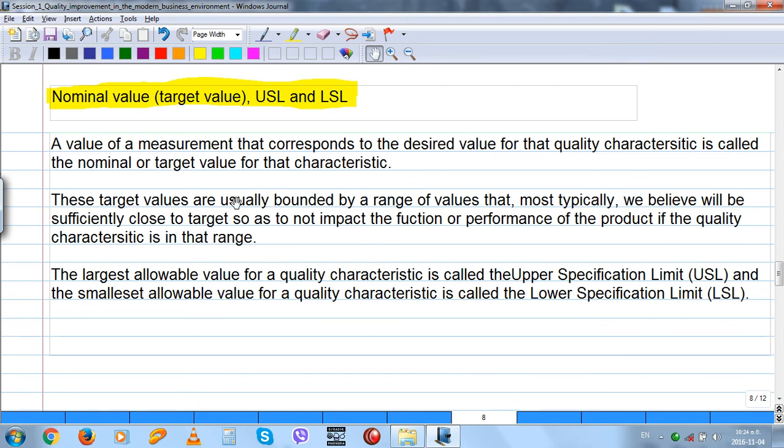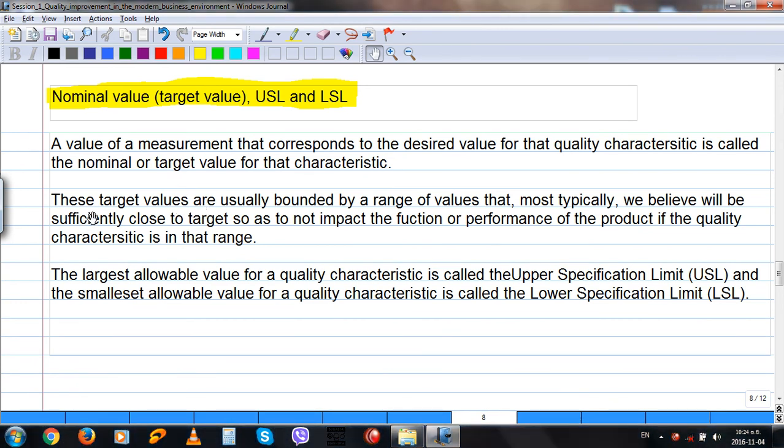But sometimes we cannot take exactly that target value. In that case, these target values are usually bounded by a range of values that we believe will be sufficiently close to the target so as not to impact the performance of the product, if the quality characteristic is in that range.